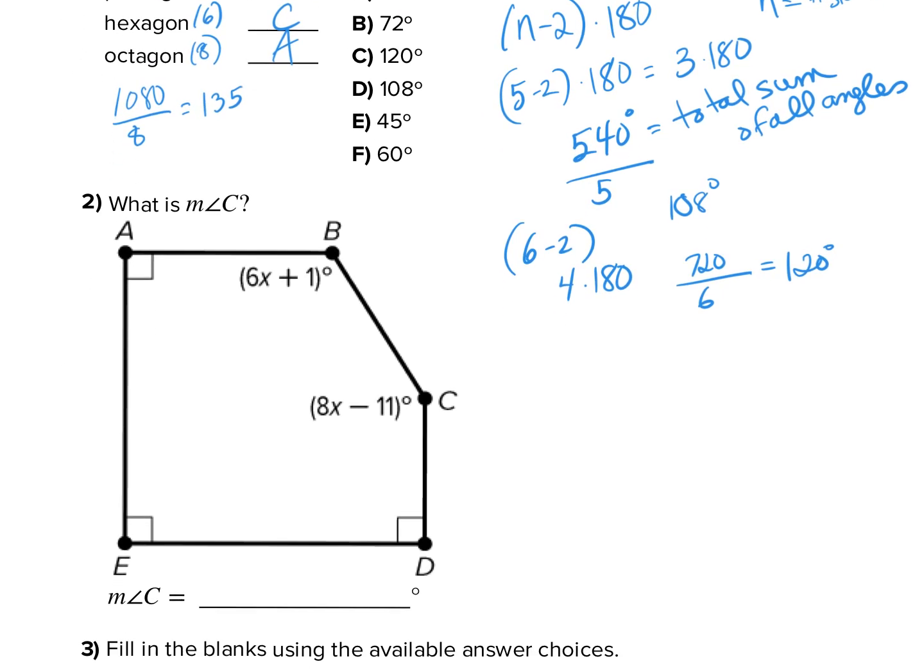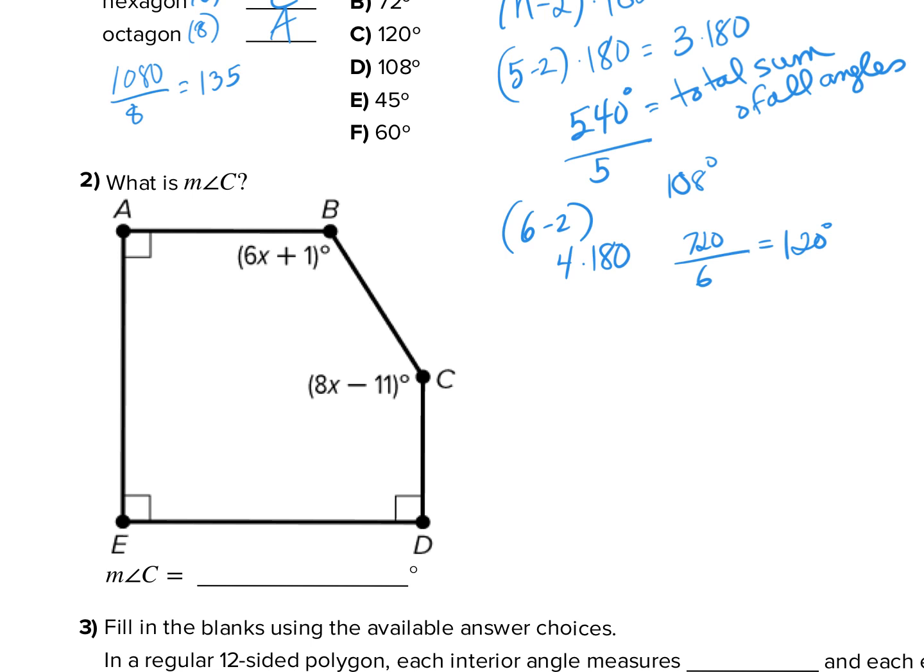Okay, so question number 2. So we have a 1, 2, 3, 4, 5-sided figure. We just determined that a pentagon, 5 sides, has a total of 540 degrees.